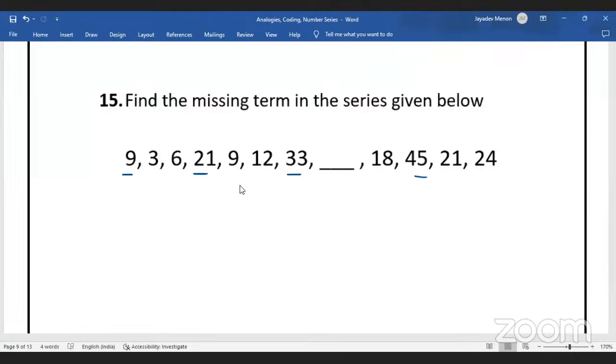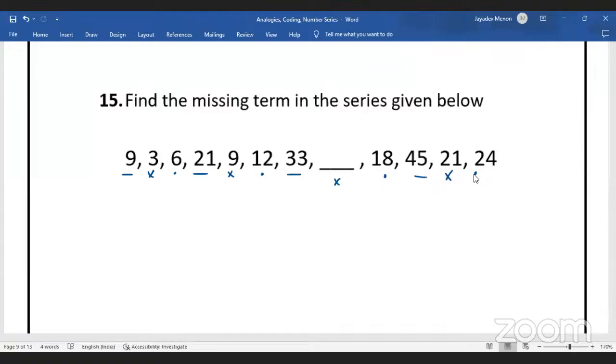Now 3, 9, missing term, 21 are terms of the second series. 6, 12, 18, 24 are terms of the third series. So the missing term is coming in the second series.